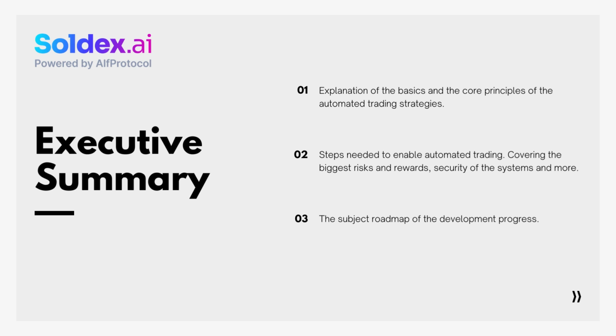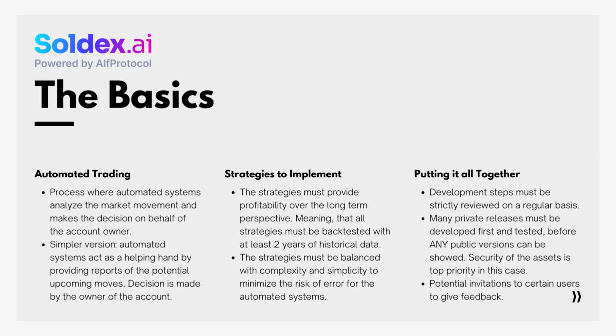Then we will move forward to the steps needed to enable such trading strategies, and also we will cover the biggest risks and rewards, security of the systems, and more. And finally, we will walk you through a very subject-to-change roadmap of the development progress of such things.